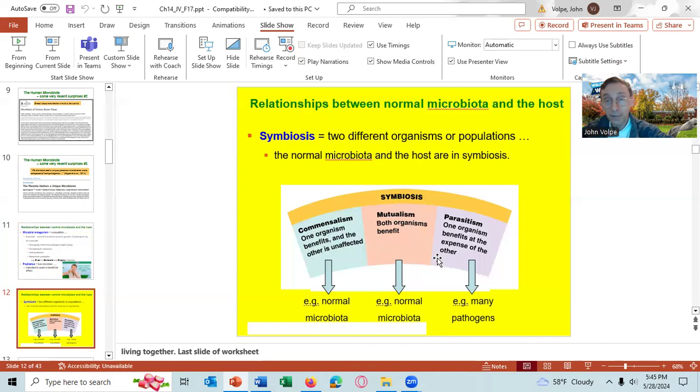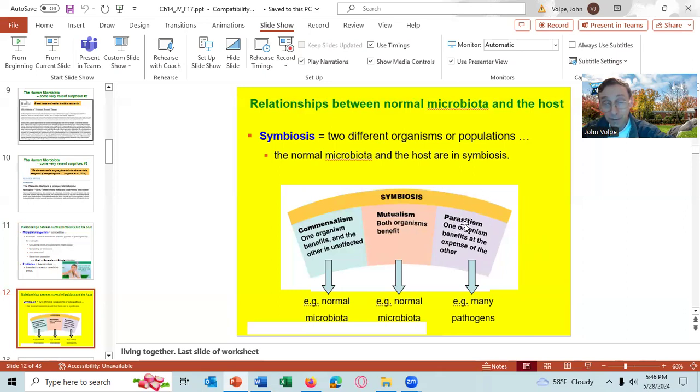Now, a human pathogen forms a parasitic symbiotic relationship. Like when Staphylococcus aureus gets on our skin and then causes a skin lesion, it is a parasitic symbiotic relationship. Staphylococcus aureus benefits, it finds a home living on us, and it also damages us, meaning it feeds off of our cells.